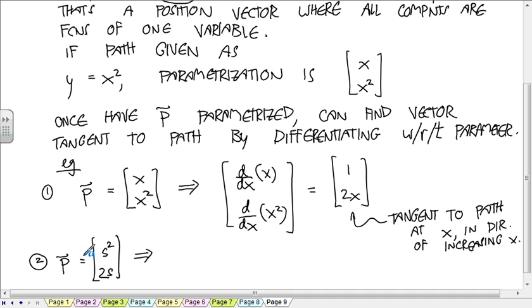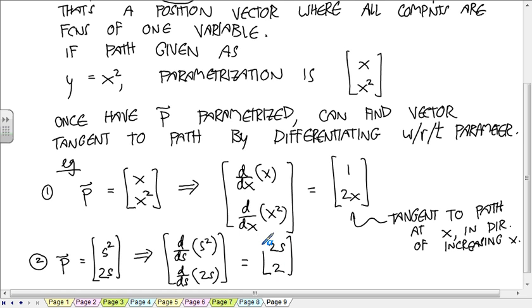But if you want to come up with a vector that's tangent to that path, you take d/ds of each component, and you get (2s, 2), and this is a vector that's tangent to the path at s in the direction of increasing s.